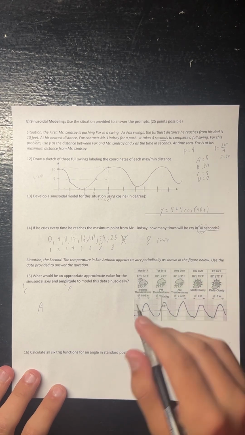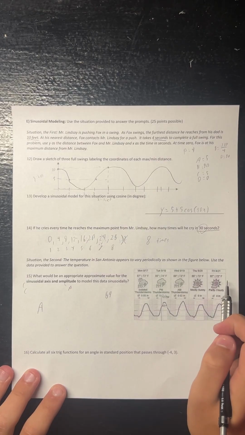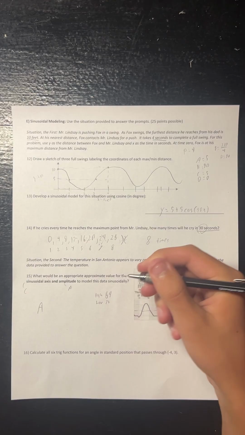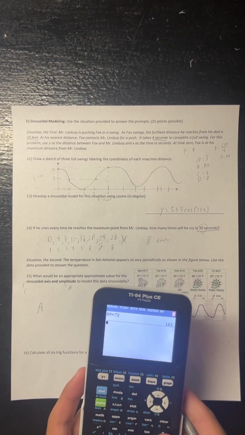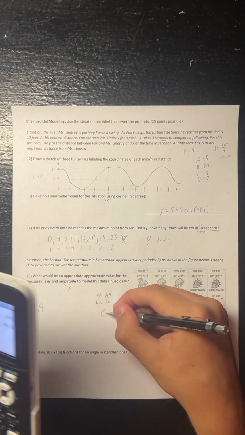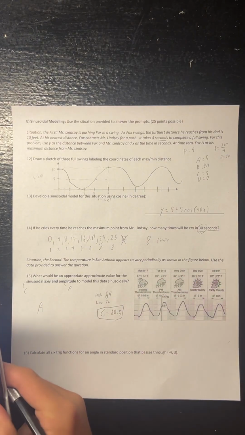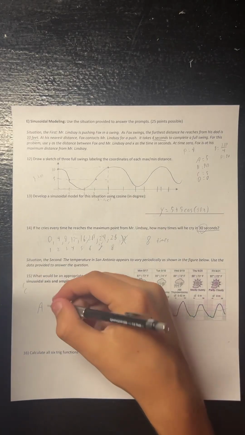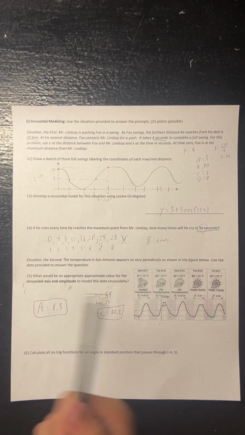The high looks like 89, and the low is 72. Now we can average these to find the midline: 89 plus 72 divided by 2. So our C would equal 80.5. And for A, we can just take 89 minus 80.5 to find the amplitude, which is 8.5. So really quick, really easy, they just put in the tricky words.